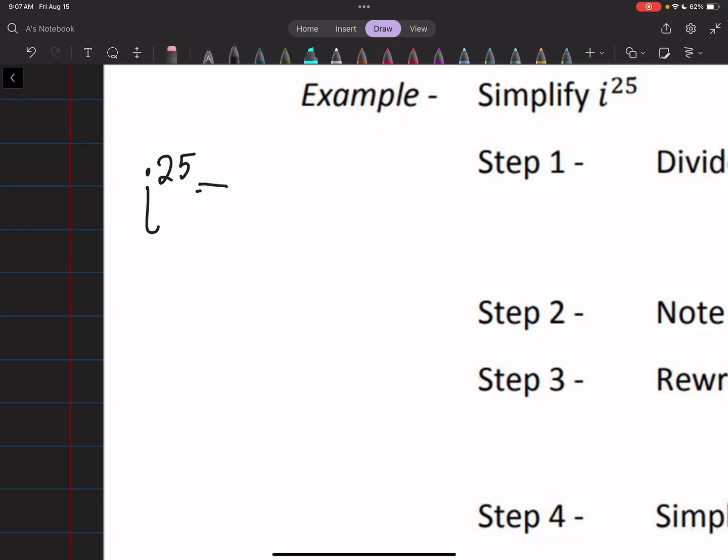So I have i to the 24th, and what I have done is just pulled out one of my i's. The reason I like even exponents is I can make i squared as a base. So this is going to become i squared, which of course is just negative 1, to the 12th power.